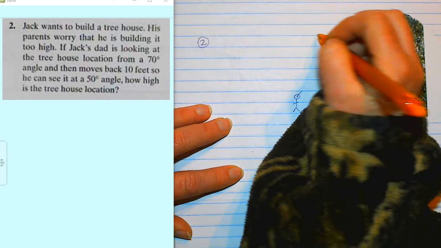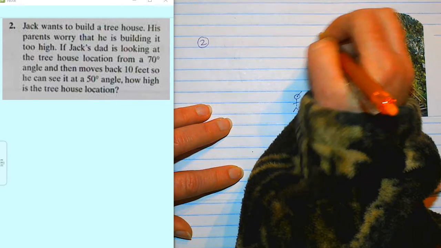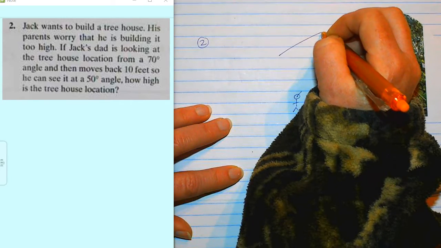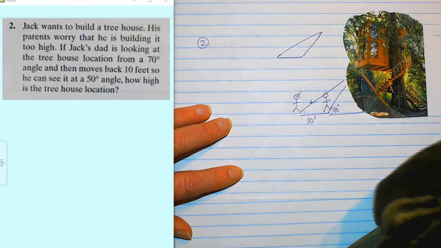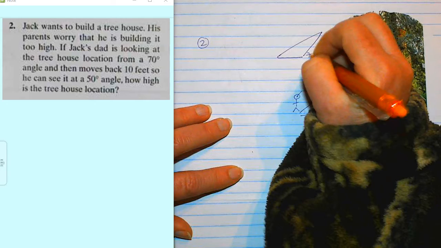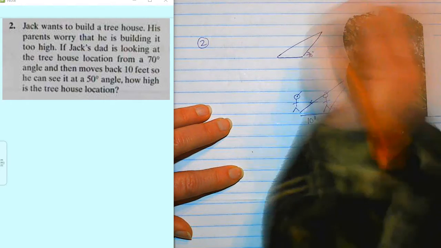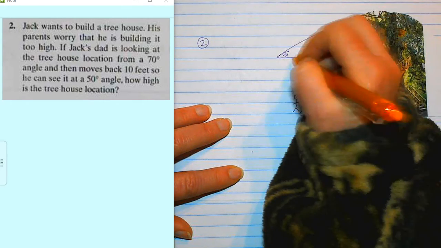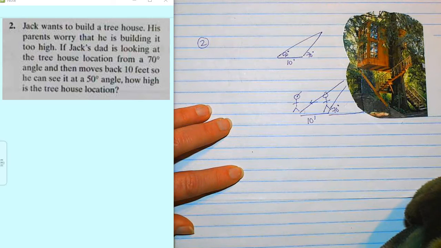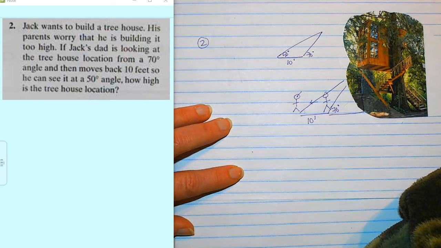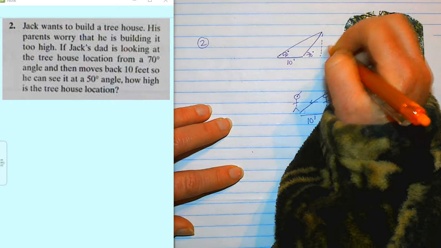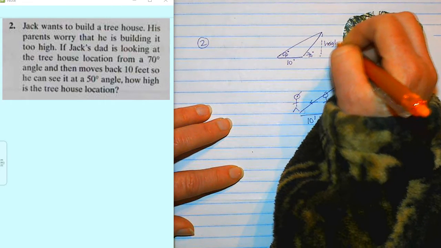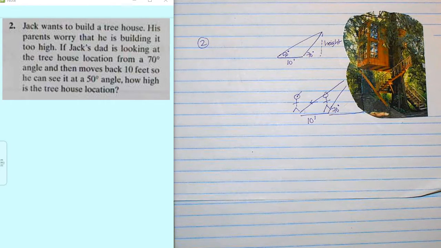So I've got 70 degrees here, and I've got 50 degrees here, and I've got 10 feet here. So what I'm looking for is the height of the treehouse. I mean, this height, not angle, and I want to calculate from there.